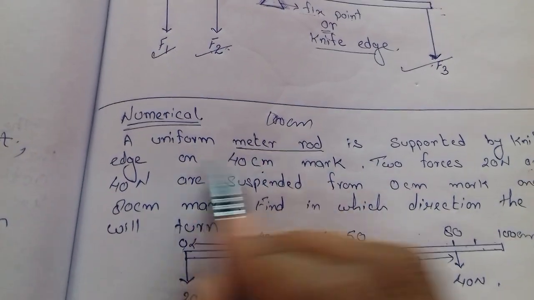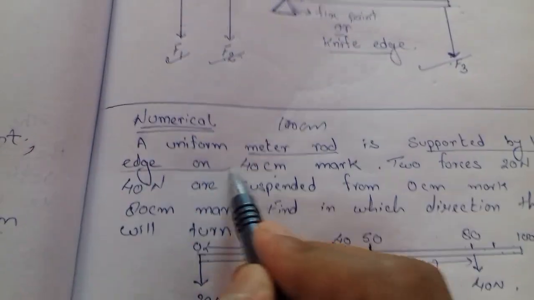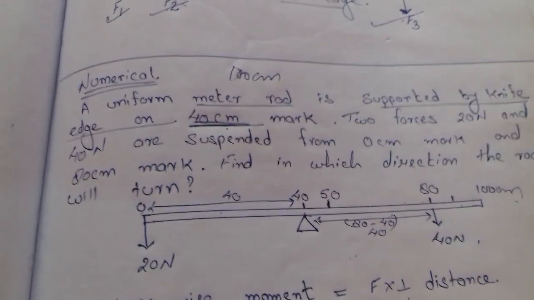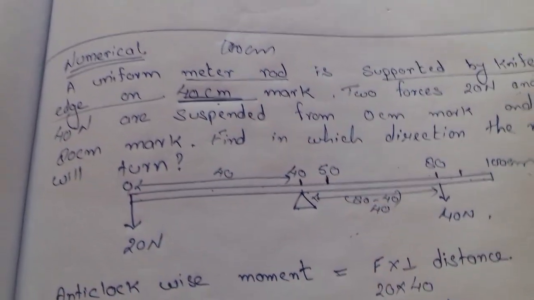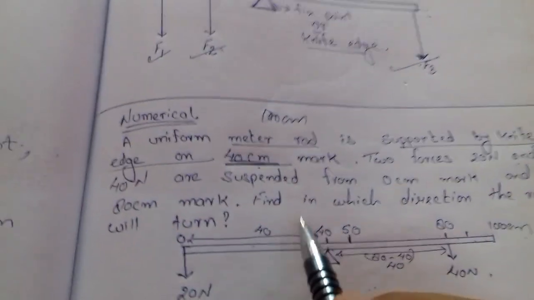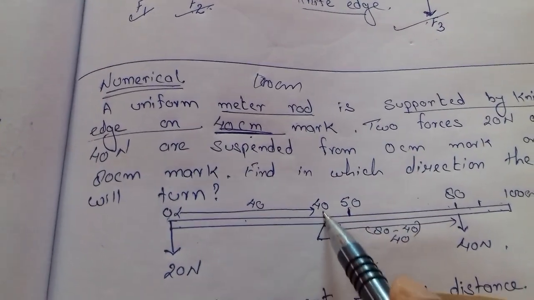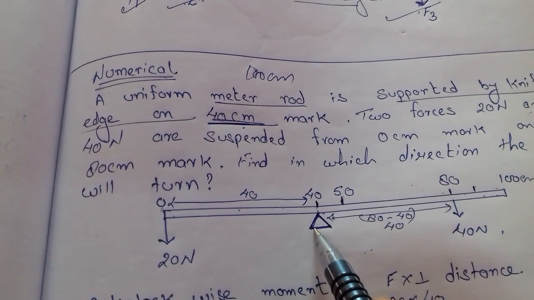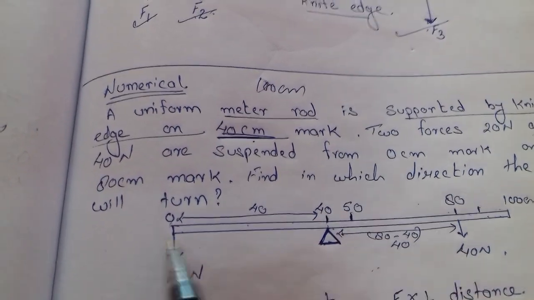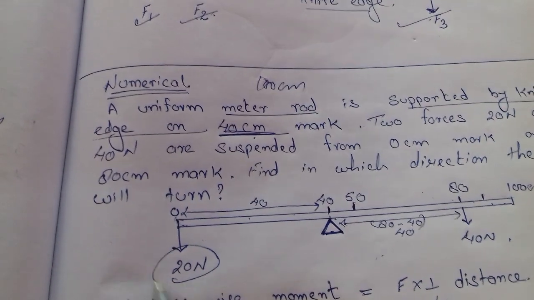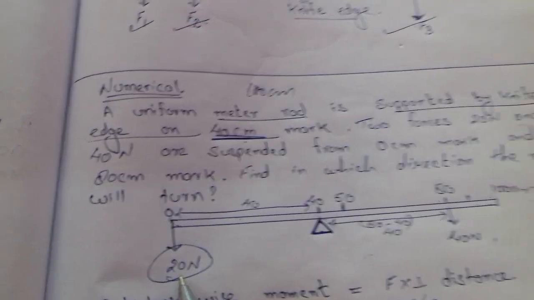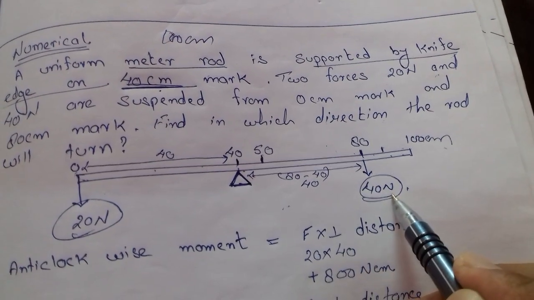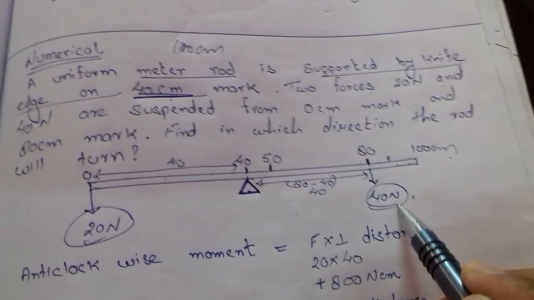The rod is supported by a knife edge at the 40 सेंटीमीटर मार्क, जहाँ पर स्केल पर 40 सेंटीमीटर लिखा होगा उसके बॉटम में नाइफ एज लगाई जाएगी. So at the 40 centimeter mark I have placed a knife edge, and from the 0 centimeter mark a force of 20 Newton is suspended, and from the 80 centimeter mark a force of 40 Newton is suspended.